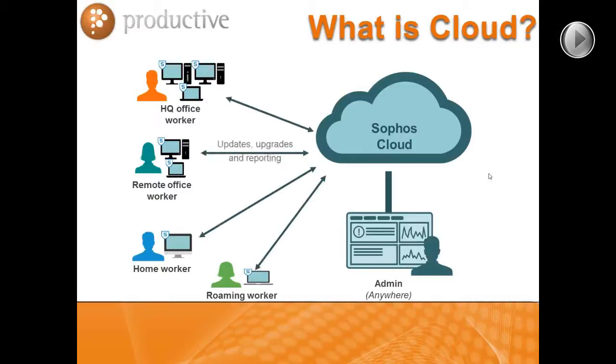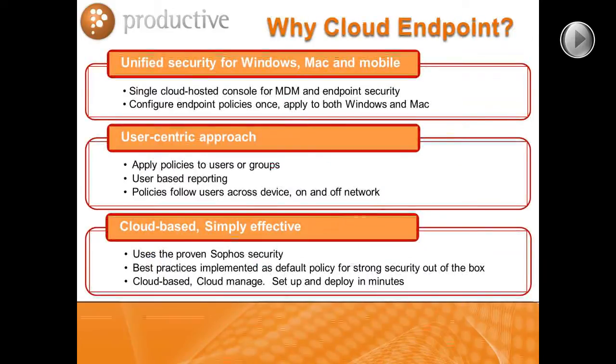Todd, let's take a look at that next slide. Why cloud endpoint? The ability to manage and control anywhere. One of the new technologies Sophos is working on is the ability for all of the devices to communicate with each other. So if one device detects a threat, it can identify what kind of traffic is being sent through the UTM.